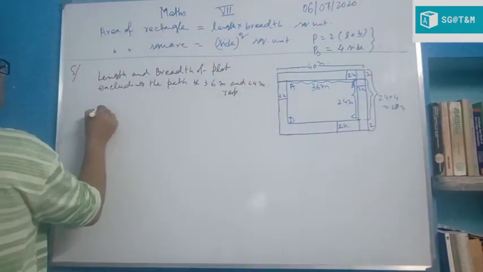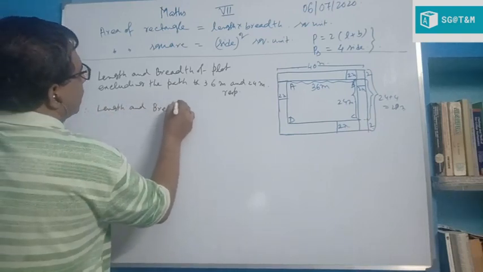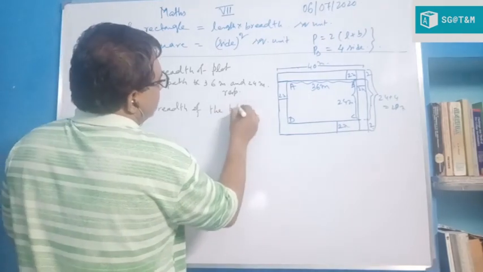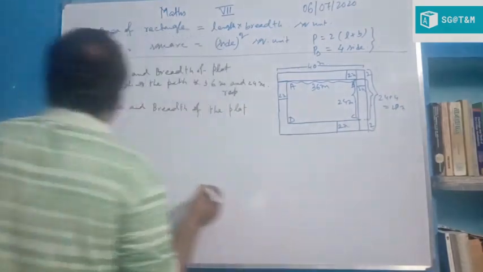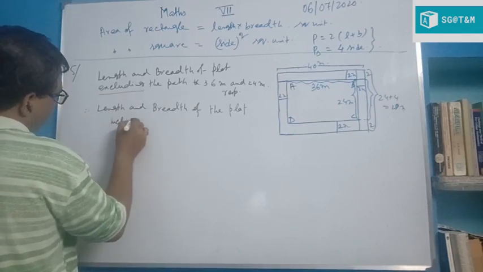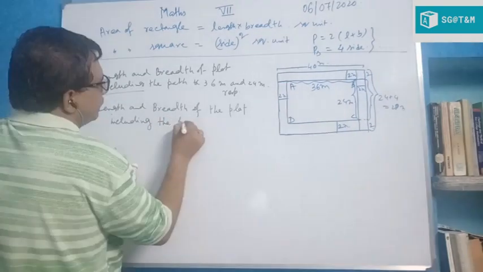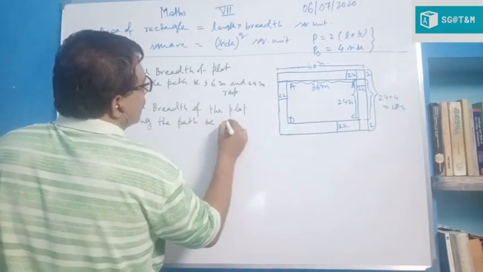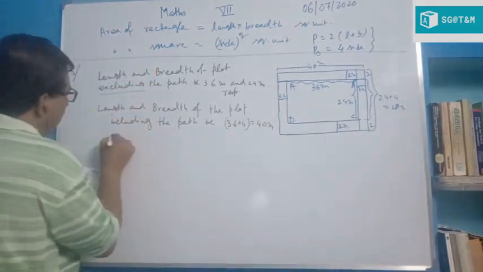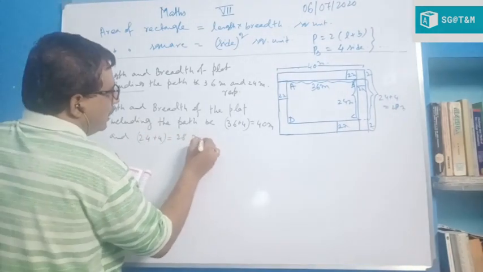Therefore, the length and breadth of the plot including the path will be 36 plus 4, that is 40 meter, and 24 plus 4, that is 28 meter respectively.